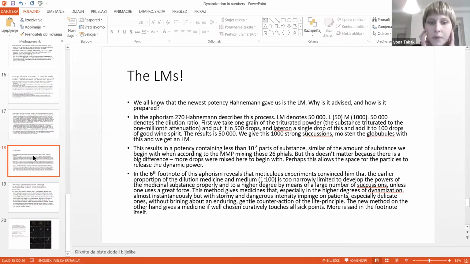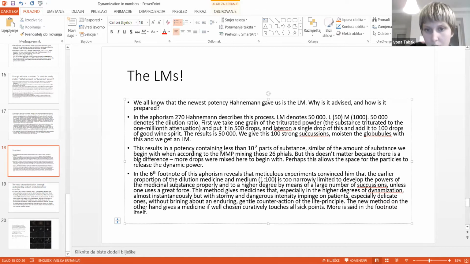Combine LM, you get 50,000. Why is this so? Because one grain treated for three hours to the one millionth attenuation, we put in 500 drops, and we take that drop and add it to 100 drops. So 500 times 100 is 50,000. And to get this, we give not 1,000, this is a typo, we give 100 strong succussions, moisten the globules, and we get an LM.